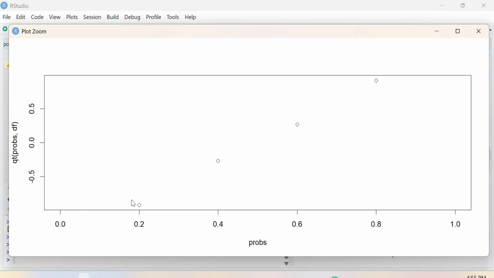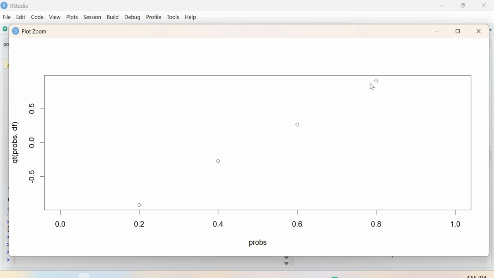And of course, this curve is increasing. So almost 0.9, right? 80% of the values are less than 0.9.